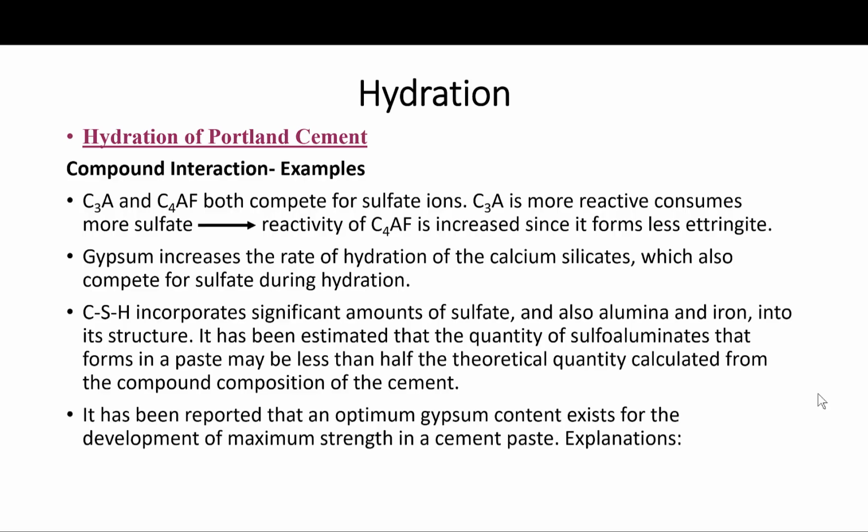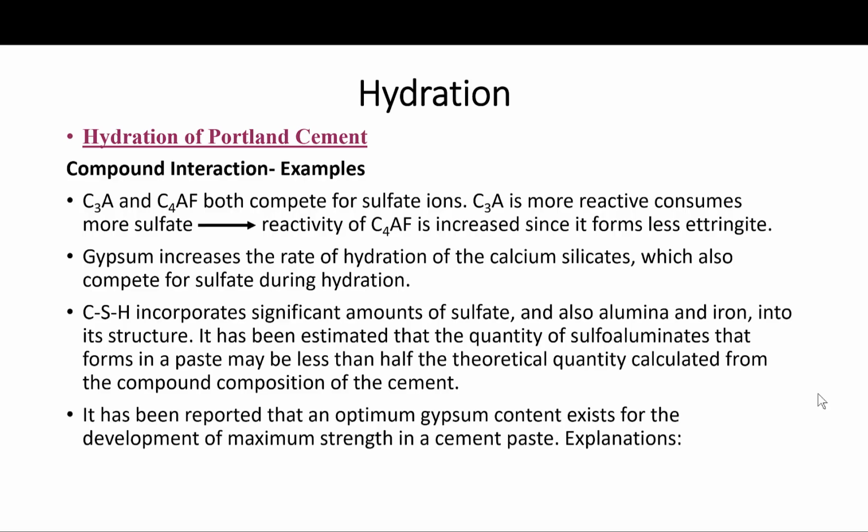Okay. The gypsum increases the rate of hydration of the calcium silicates, which also compete for sulfate during hydration. It is known that the calcium silicate hydrate incorporates significant amounts of sulfate and also alumina and iron within its structure.